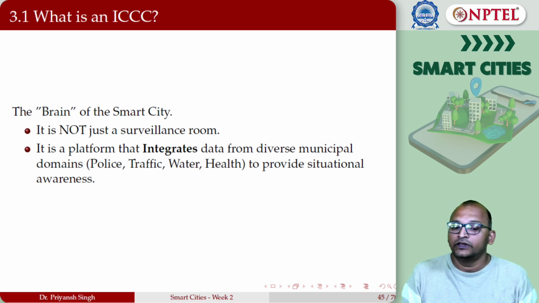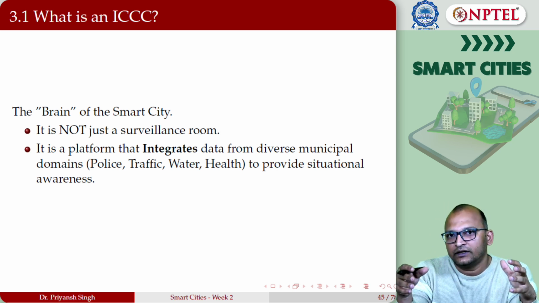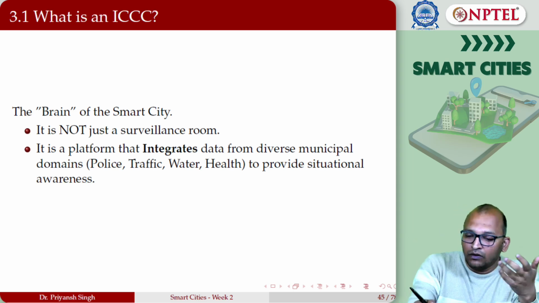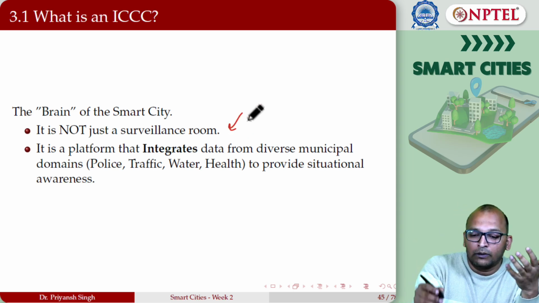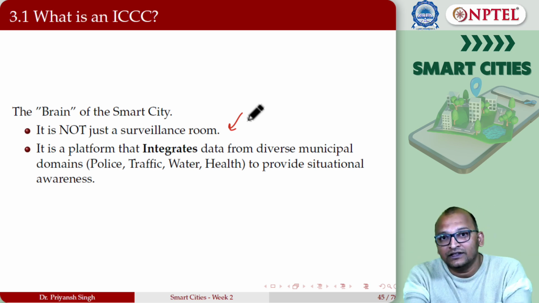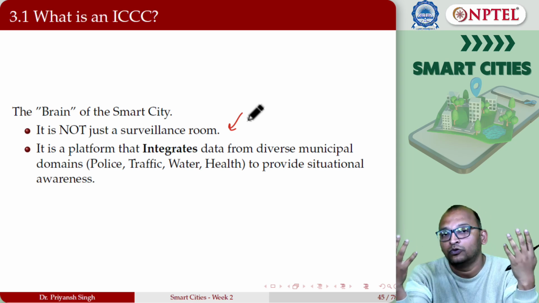So let's first try to understand what the ICCC, or Integrated Command and Control Center, is. The Integrated Command and Control Center is actually the brain of a smart city. The command centers you might have seen have big screens, and surveillance is provided by watching those screens.